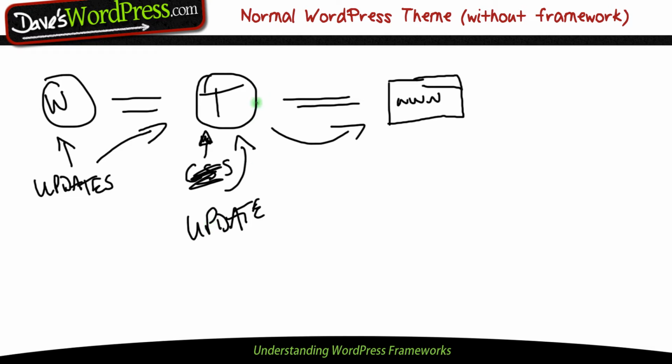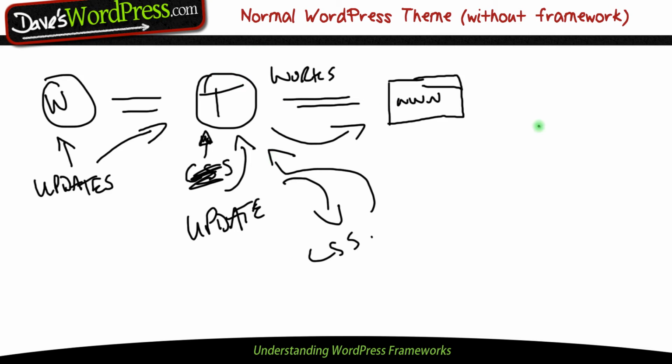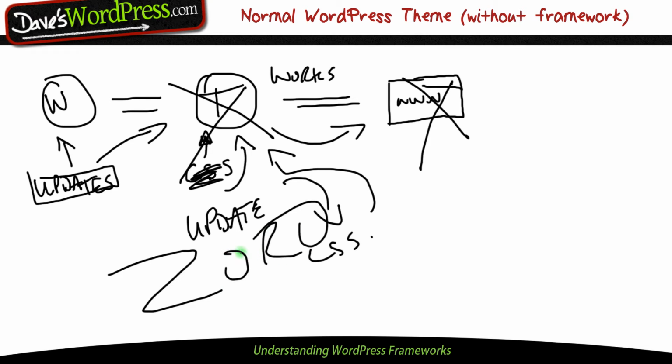It might even change the way that the core theme works, which means even if you downloaded your CSS file and then wanted to re-upload it into your WordPress theme, it still might not look right on the front end. That's just one scenario. The other scenario is that a WordPress update comes along and completely ruins your theme, which means you're back to ground zero.